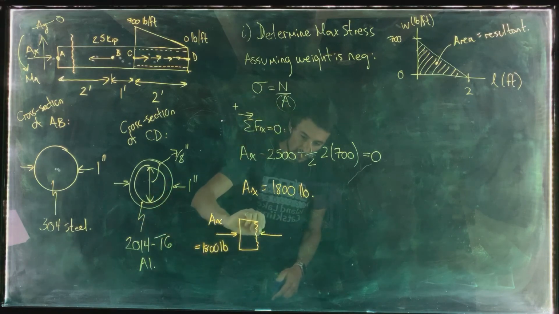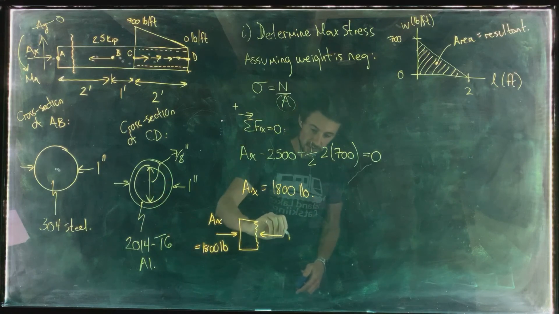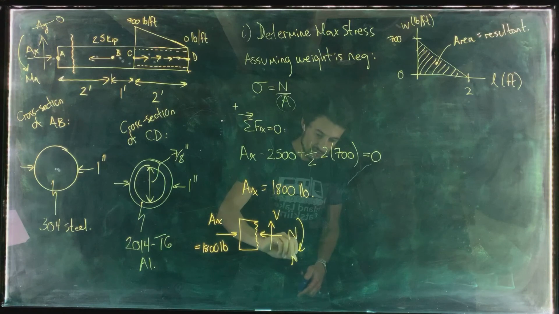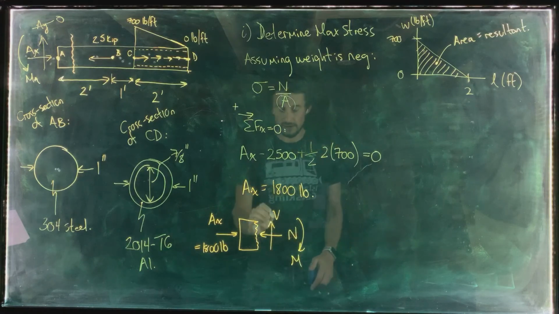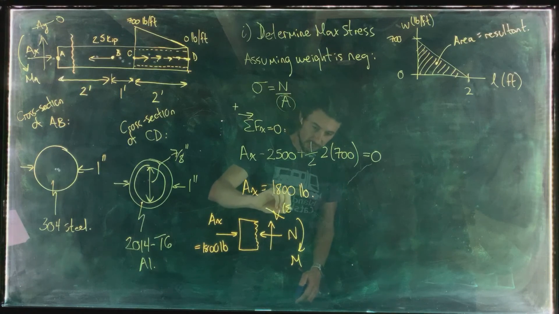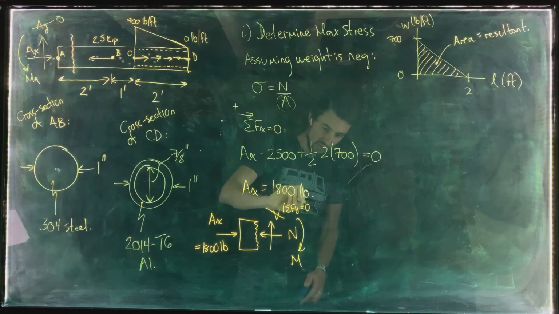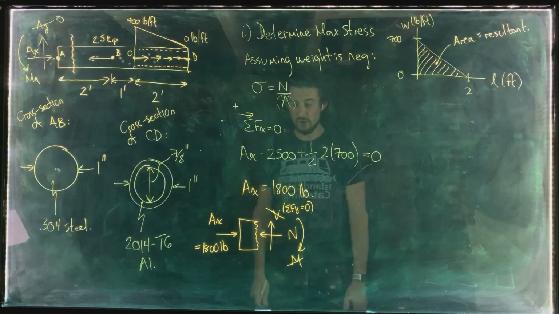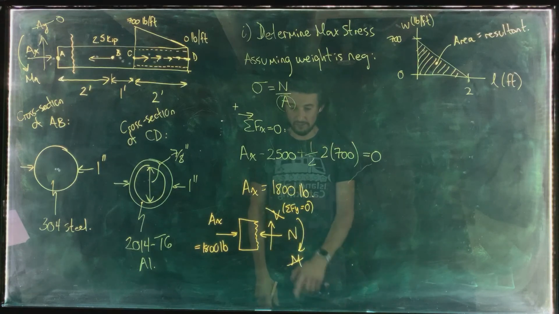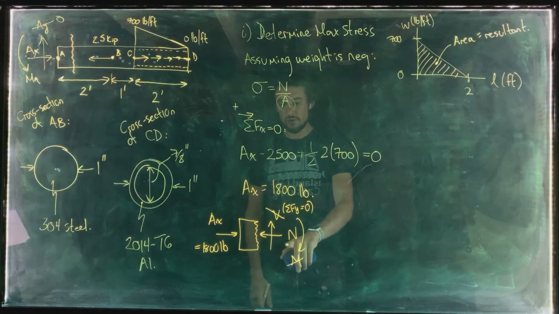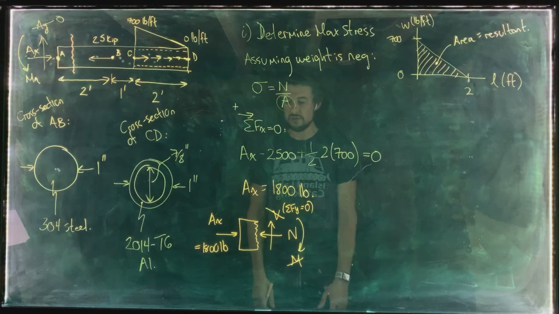And then we can have an internal normal force, an internal shear force, and an internal moment M. Now, again, we know that this is 0 from sum of the forces in the y direction equals 0. So there's no internal shear force. In fact, there's no internal moment in this case, so we could get rid of that. Not that we're considering internal moments yet, but the only thing we're left with is the internal normal force.